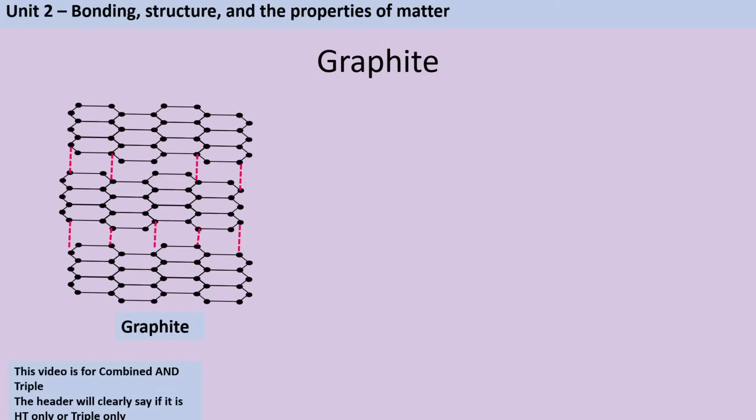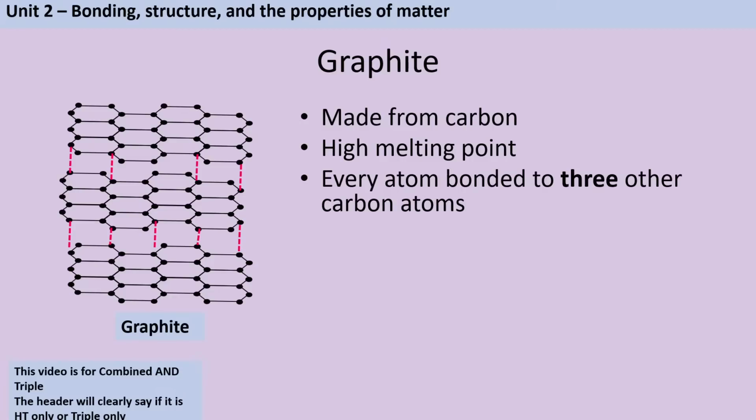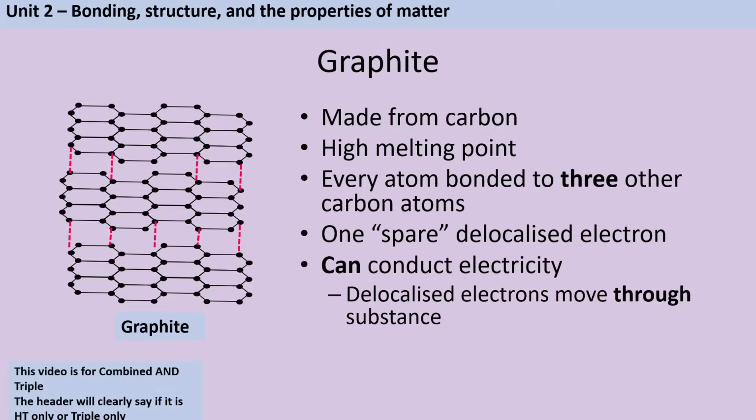Right, next up, graphite. AQA love to ask you to compare graphite to diamond because they are both made of carbon. It still has a high melting point because it still has lots of strong covalent bonds, but this time every atom is bonded to 3 other carbon atoms. So you get these layers of hexagons, and you're going to have 1 spare electron left over because it's only making 3 bonds instead of 4.